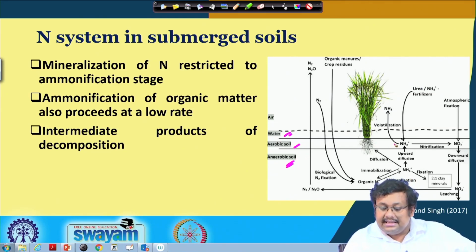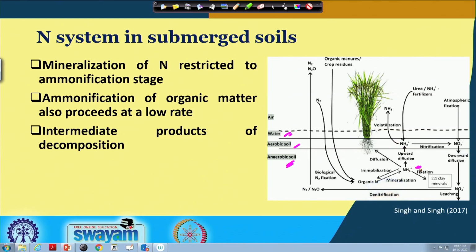One thing is clear: these ammonium ions are diffusing away to the plant root. In the aerobic zone, when we apply urea or ammonium fertilizers, the ammonium gets converted to nitrate through the process of nitrification, since it is an aerobic layer, and also the nitrate gets fixed by atmospheric fixation.